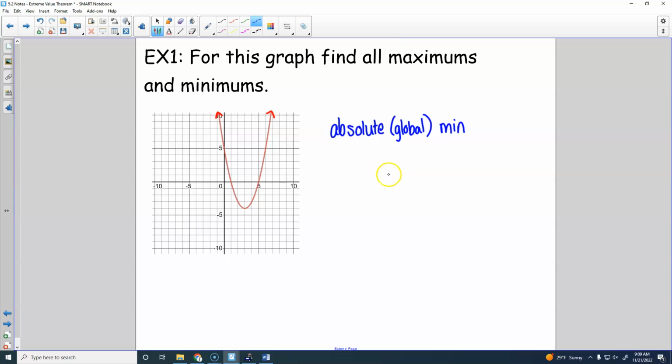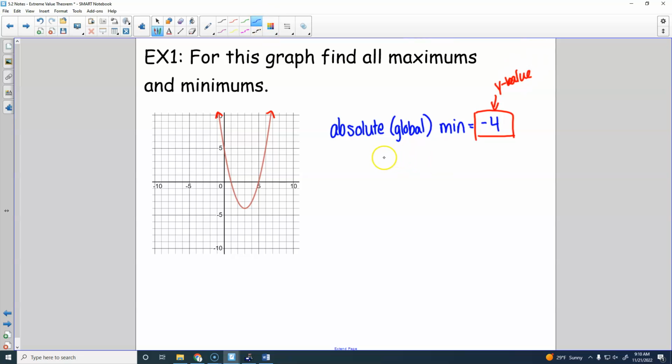And so here is, I want to be real clear, the minimum value is your y value. So what is the absolute or global minimum here? It is -4. So this right here, you're given the y value.